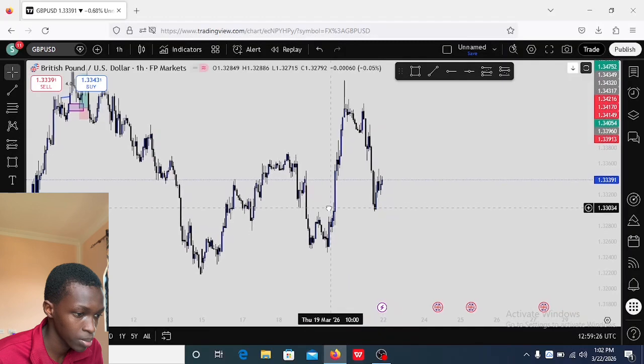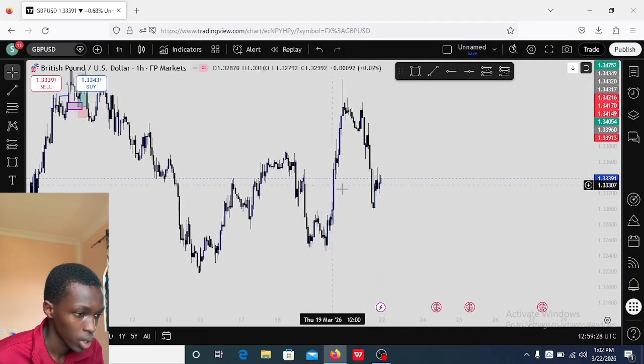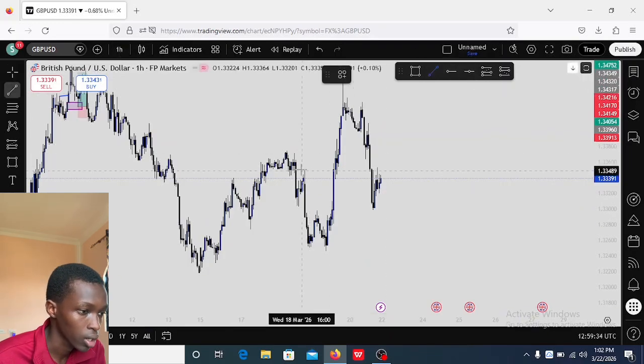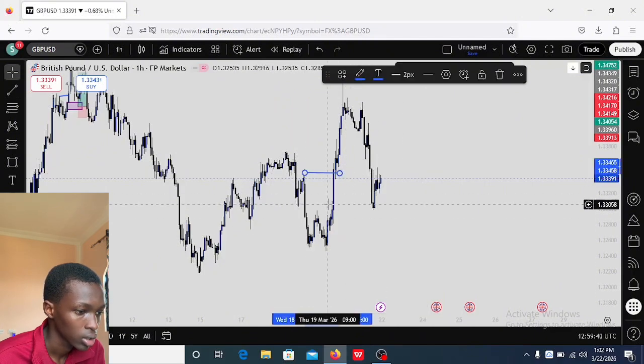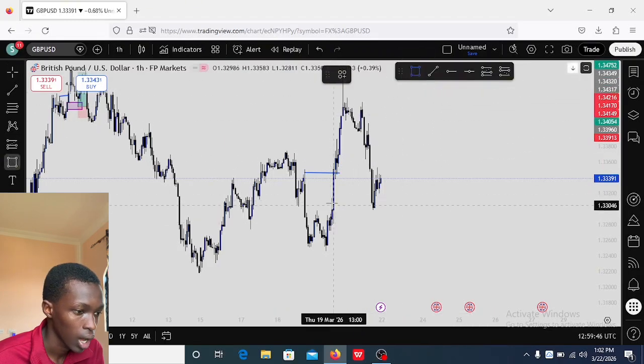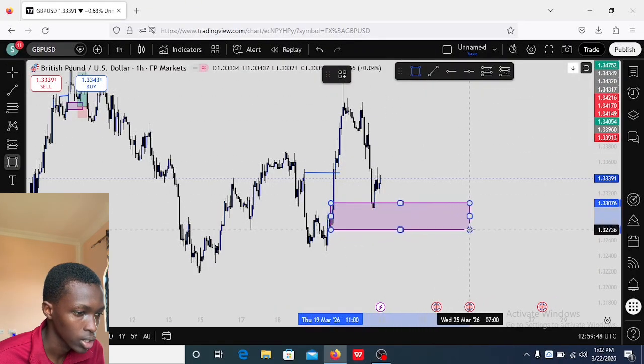And it's pretty simple. As you can see here, you can see a break of structure on the 1 hour time frame. Let's mark it out. I can see the break of structure here, and you can see our order block around here.